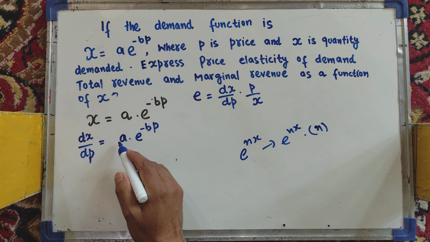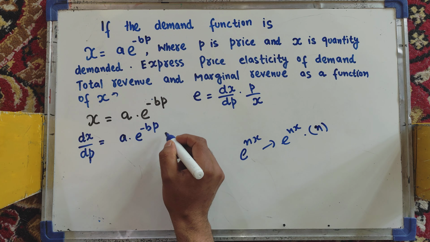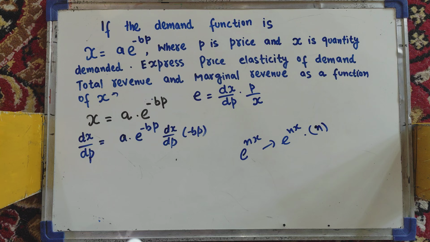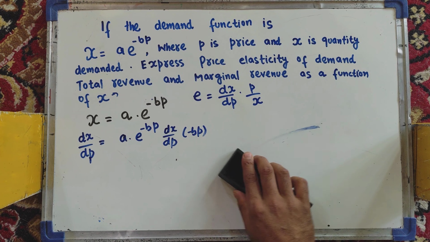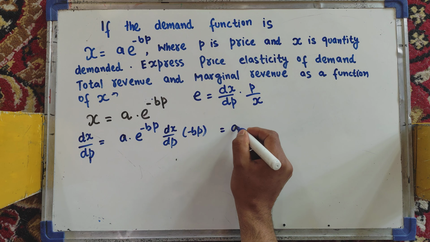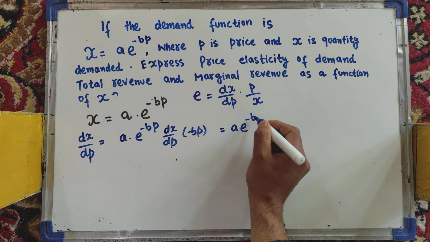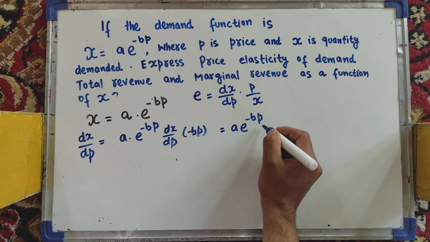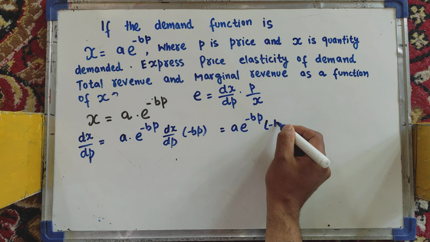Likewise here we have this term times dx upon dp of minus bp, using the chain rule here. So we get a times e raised to the power minus bp times the derivative of p, which is 1, so we are left with negative b.